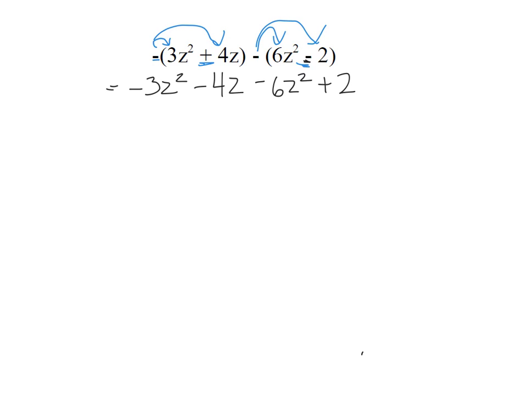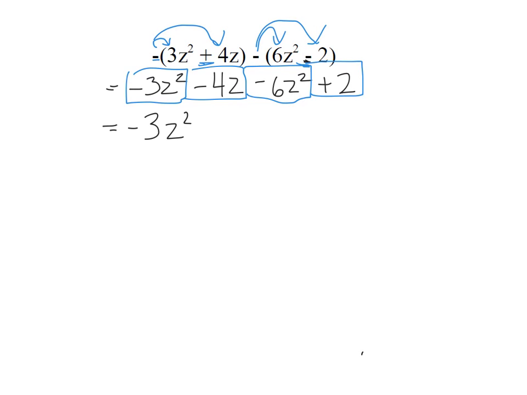So now I'm going to use my box strategy again. I'm going to put boxes around the terms and the operators. Now I can start off with the variable that has the highest exponent. In this case, that's negative 3z squared.